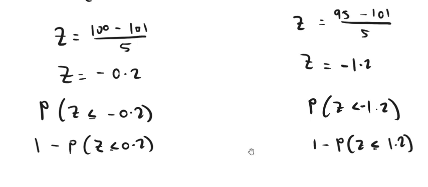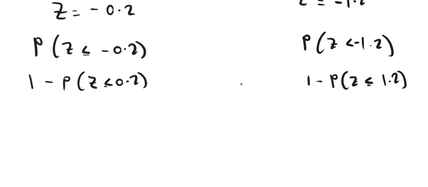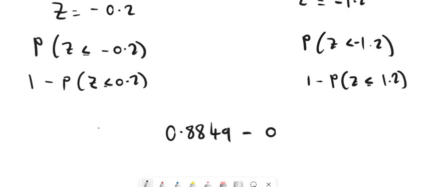And we'll get two answers there, and then we'll just subtract one from the other. So in the end, it's 0.8849, take away 0.5793, and we get a final answer then of 0.3056.